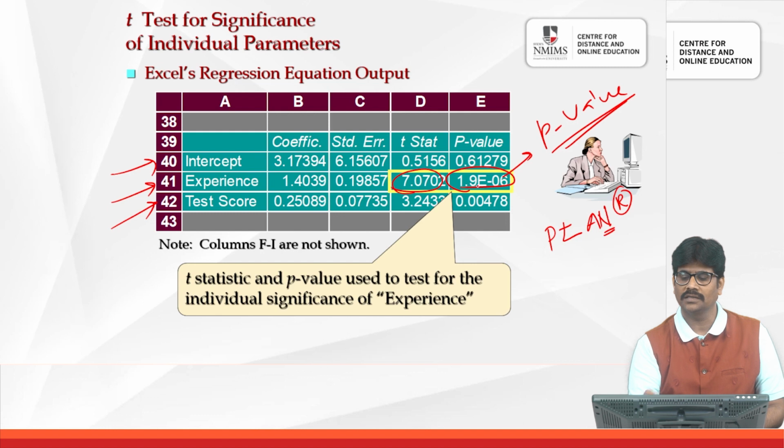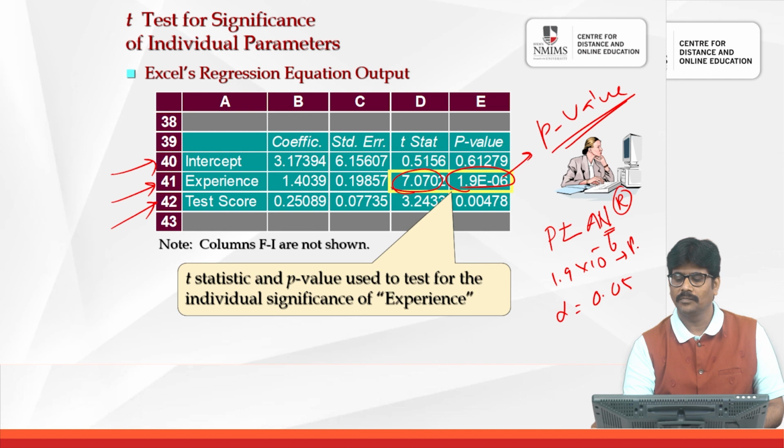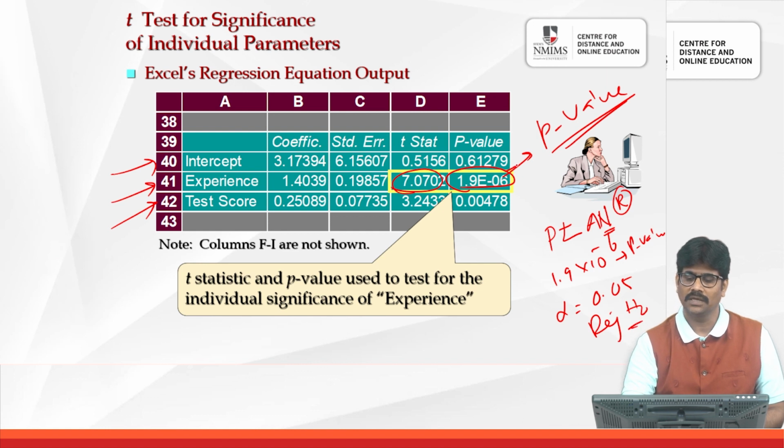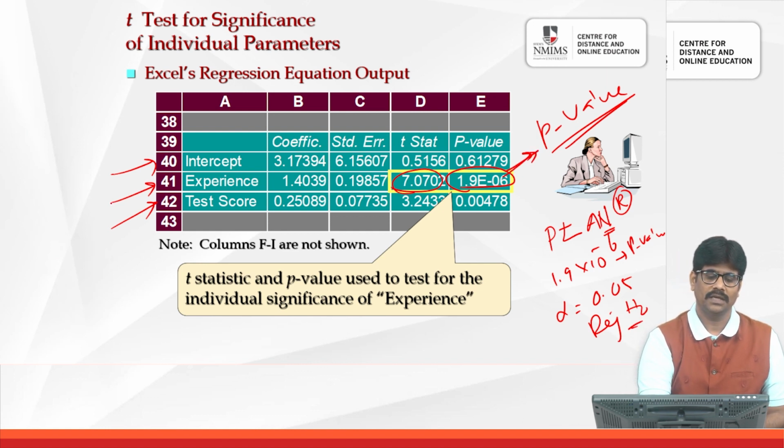Now, if you look at it, the p value is 1.9 into 10 power minus 6 and the alpha value we usually take as 0.05. Obviously, the p value is very much less than the alpha value and hence reject the H naught. That means experience is significant.